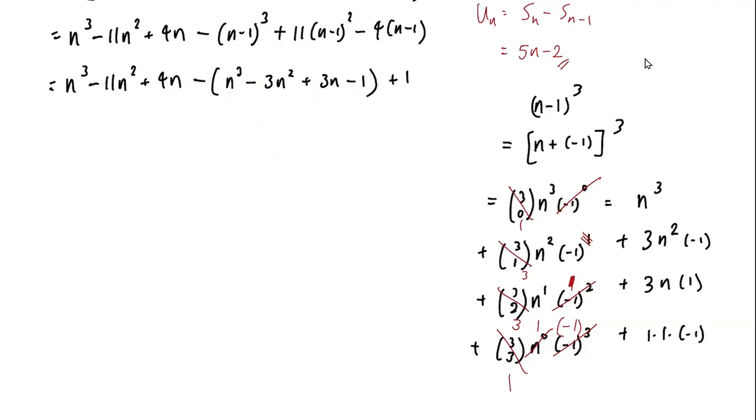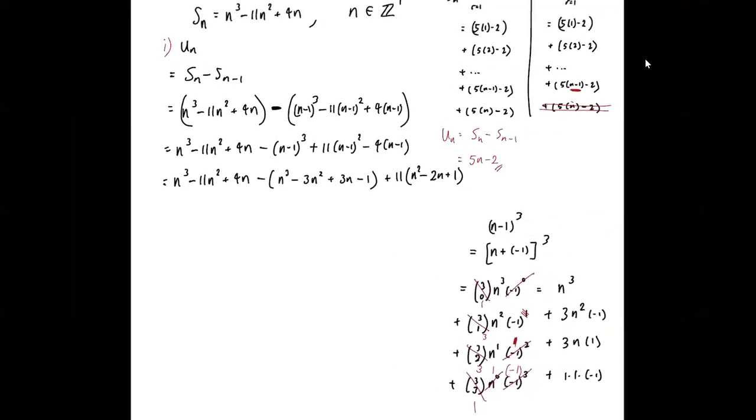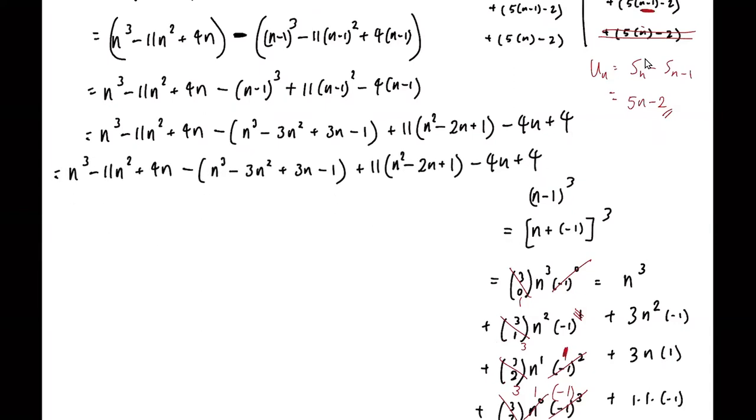Then plus 11 times n minus 1 squared. N squared minus 2 times n times 1, 2n, plus 1 squared, 1. Minus away 4n plus 4. Okay, continue simplifying. What do you get? Copy and paste, because I have the ability to do that on an iPad, and I can distribute the minus sign now.